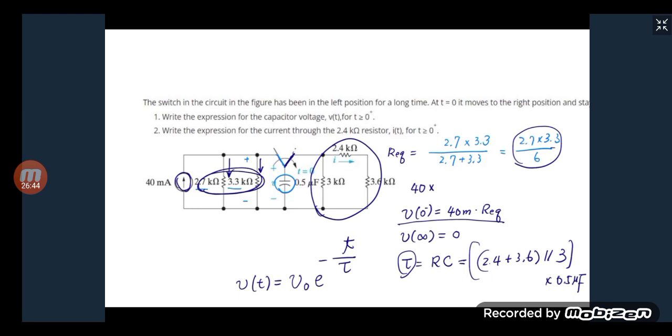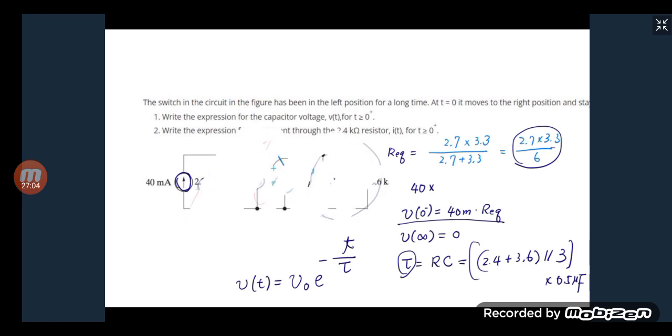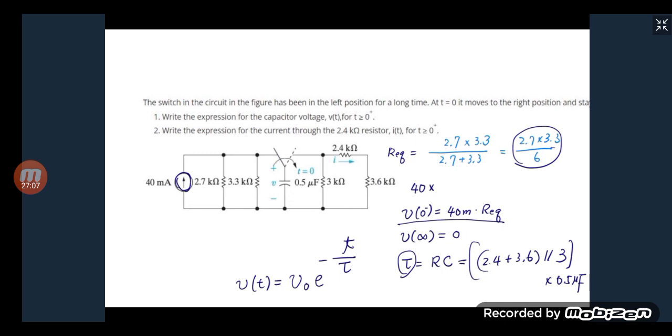Any questions? This should be relatively easy, this is the natural response. And here we would like to find I. So as long as you know VT, you can find IT. For example, IC.